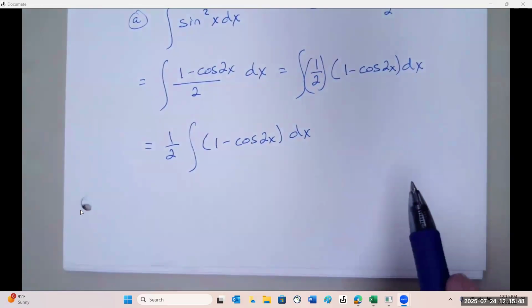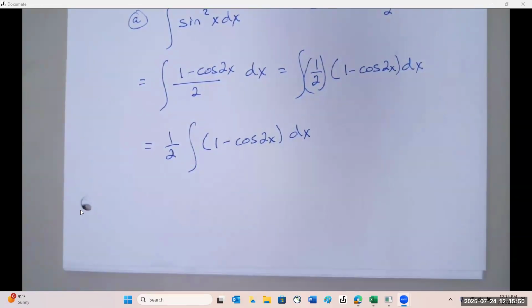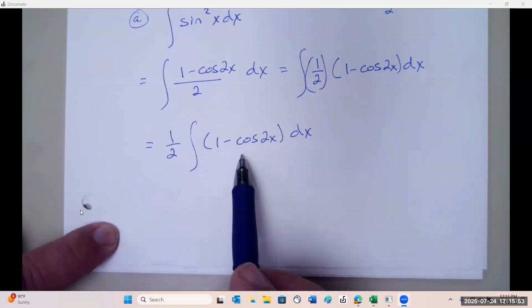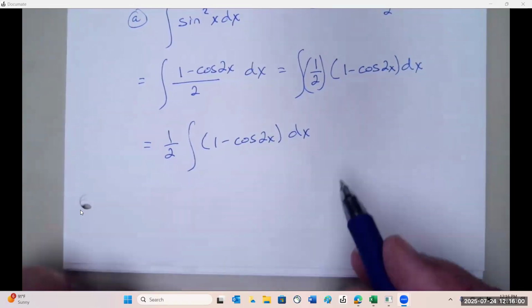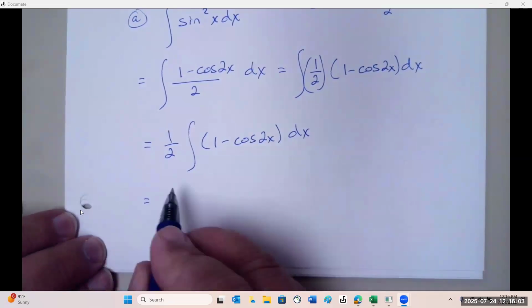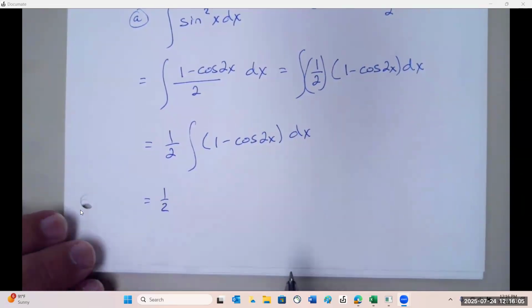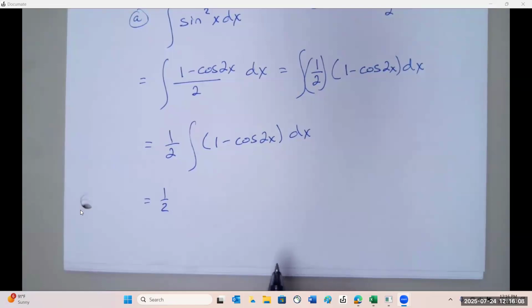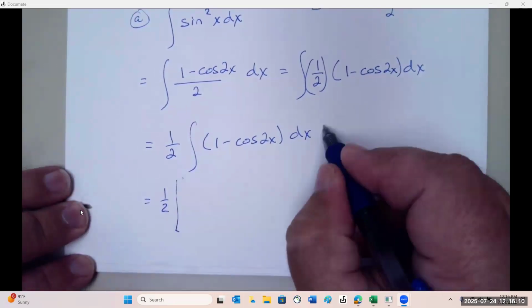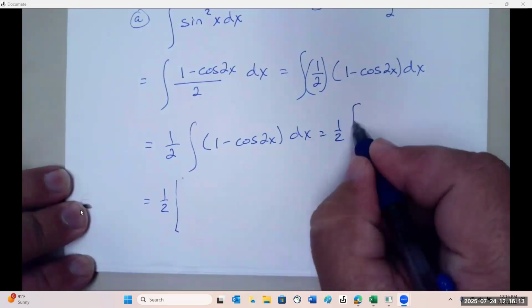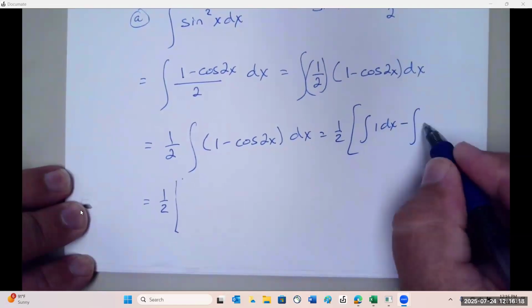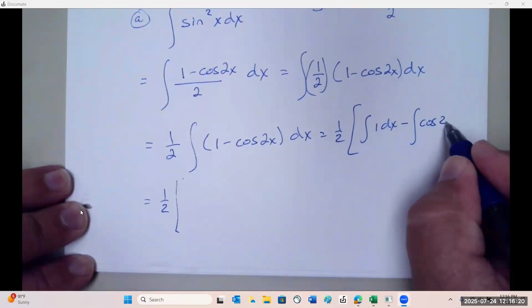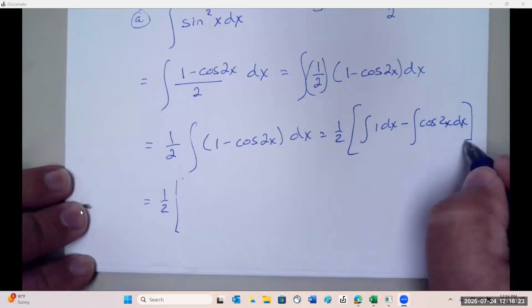We could do the difference rule for the integrals: take the integral of 1 dx minus the integral of cosine 2x dx. Or we could leave it like this and treat it all as one equation. Let's do it both separately. So we're taking the integral of 1 dx minus the integral of cosine 2x dx.